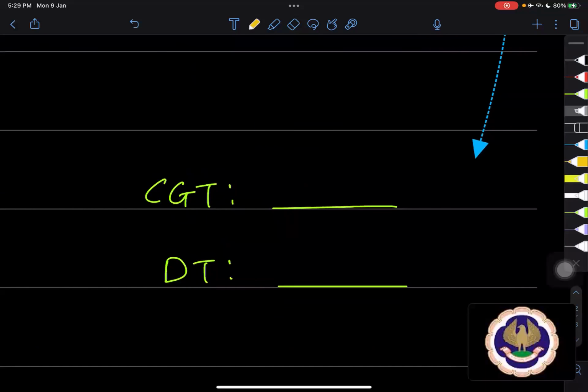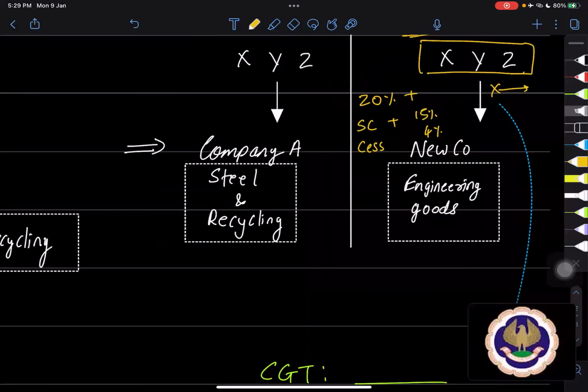So if this is not a new company but an existing company, it can issue shares to XYZ, right? Still, XYZ doesn't have an exit option because they have got shares of the existing company.